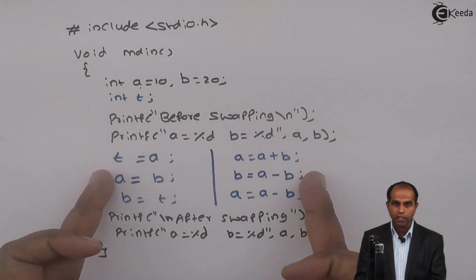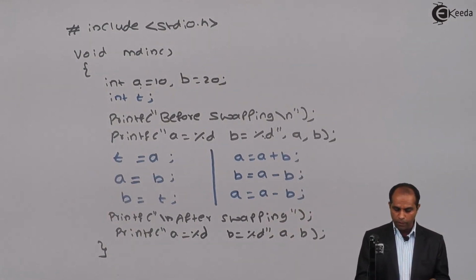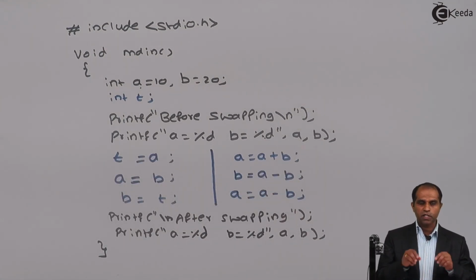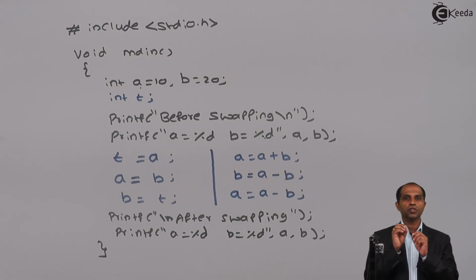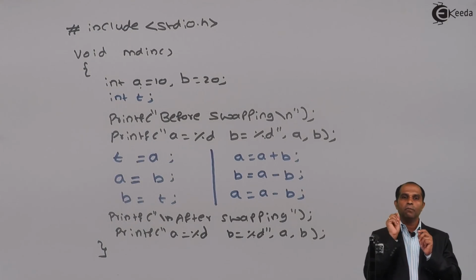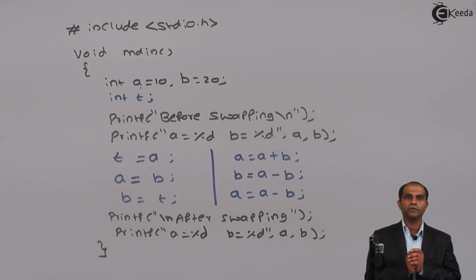The swapping process goes with a temporary variable or without a temporary variable. If it is specified that you are supposed to carry out swapping without a temporary variable, then only opt for the second method. Otherwise, we always use a temporary variable for swapping the values of two variables. So remember, swapping is exchanging not on screen but with respect to memory location. Thank you.